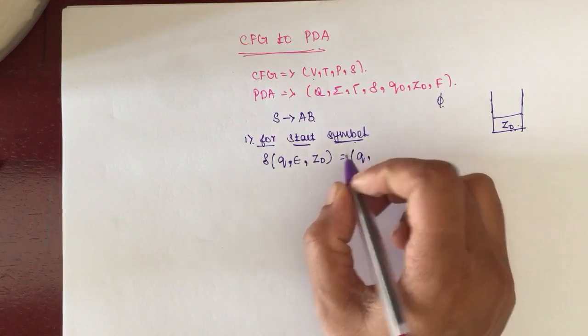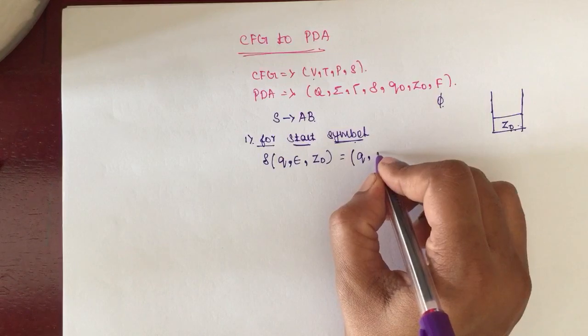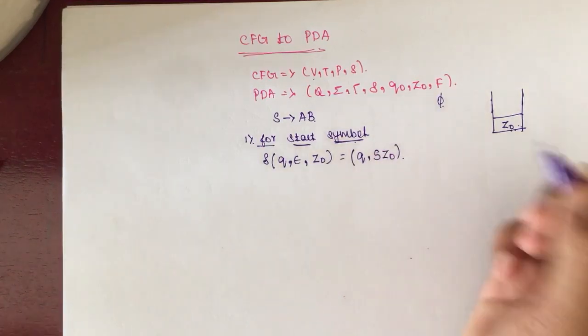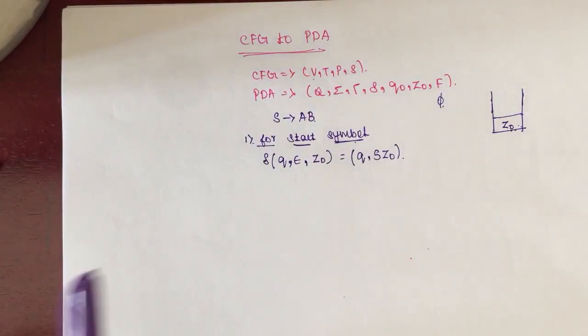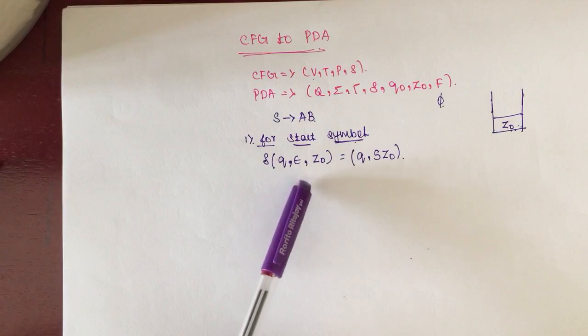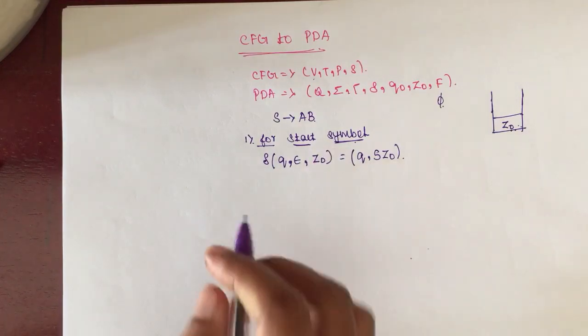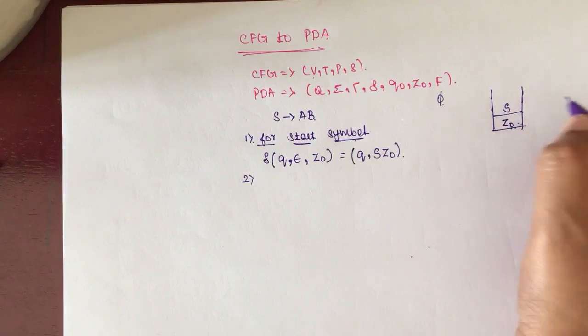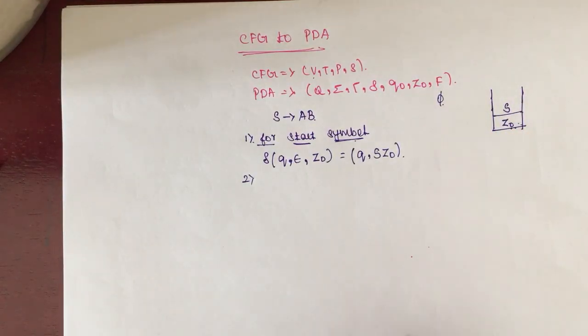So Q comma, since all are empty, it's ready to insert the start symbol now. I am going to insert the start symbol on top of z0. Since we always start from the start symbol in the CFG, we are supposed to execute this transition function first. And the second step is, now we have pushed the start symbol S inside the stack, right?